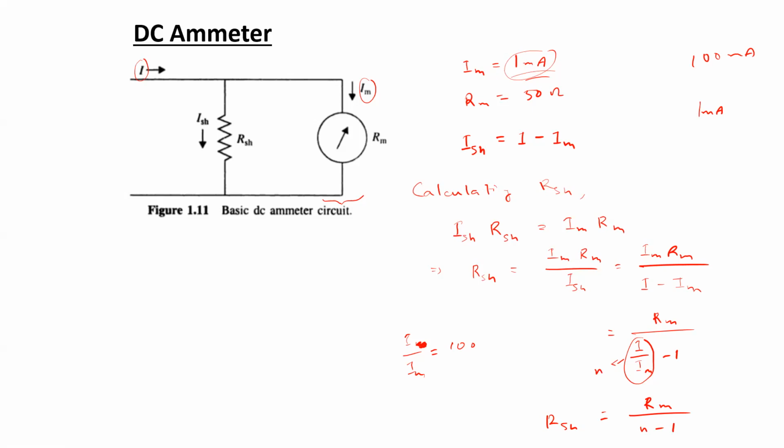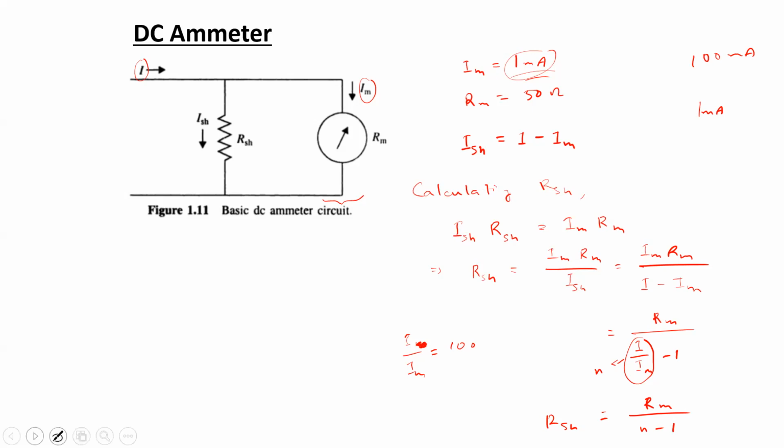So using different values of RSH, different ranges can be obtained. So let's say if we consider a multi-range ammeter, so normally in different ammeters we see that there are multiple ranges. We can change between one range to another as per our requirement.